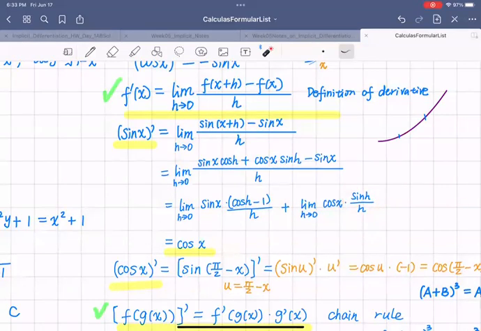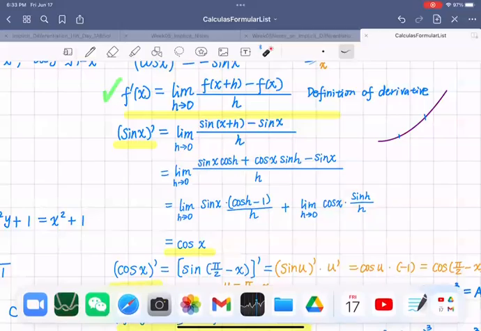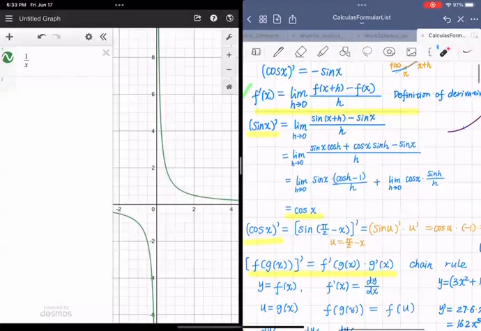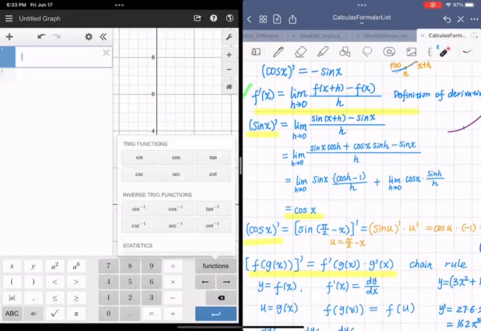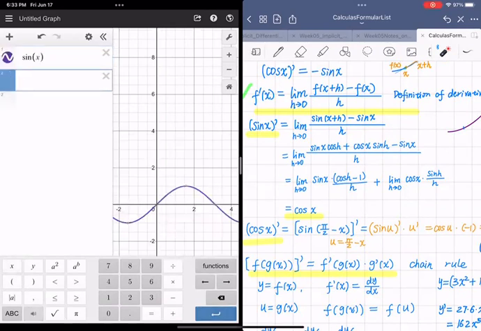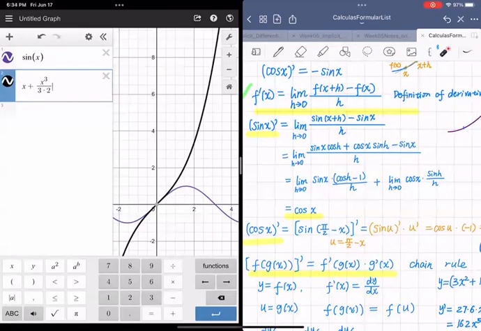The thing you are going to learn later in calculus BC is the Taylor series and the Maclaurin series. Actually, if you draw sine x over here, you can use x plus x to the power of 3 divided by 3 times 2, which is 3 factorial.